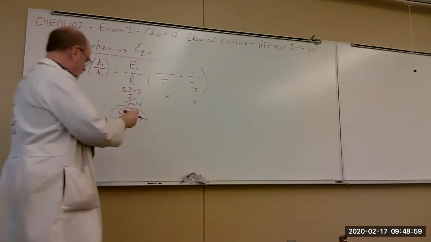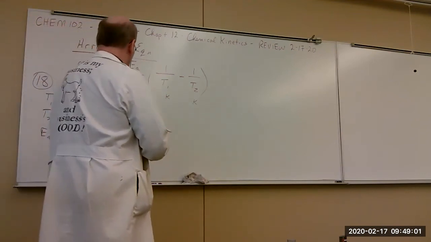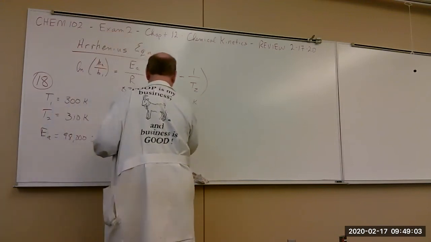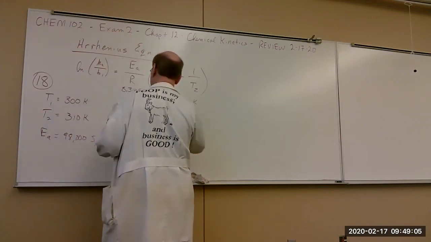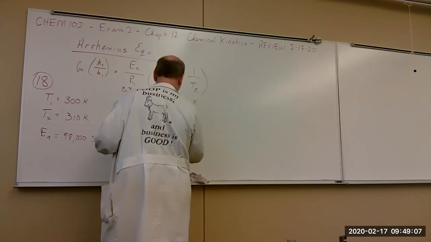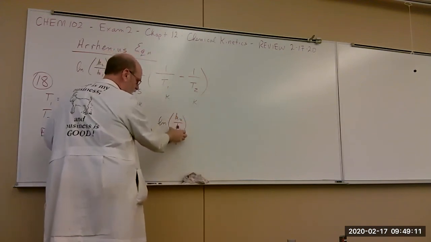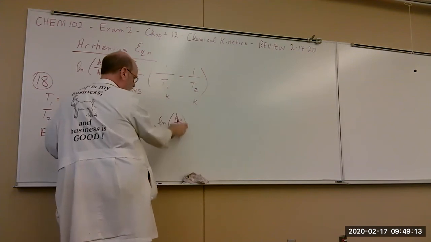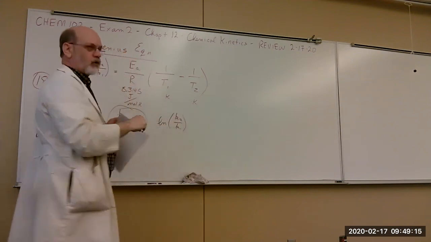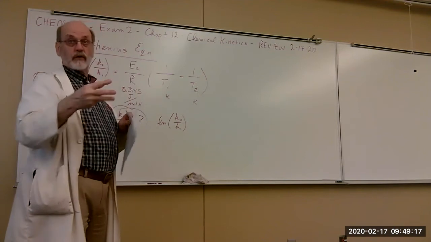In order to do that, we need to use this expression. And we just need this in our final answer. Just keep that together. You don't have to know what the individual K's are. We just want to know what the ratio is.